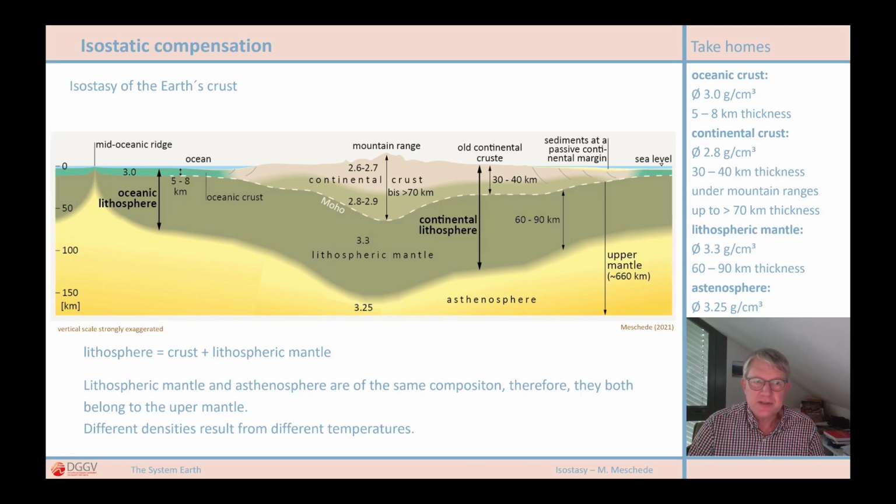The only difference between the lithospheric mantle and the asthenosphere is that the asthenosphere contains a small amount of molten material, not much. It is thought to be around 2 to 5% at the lower limit of the lithosphere, but still enough to make it flowable.